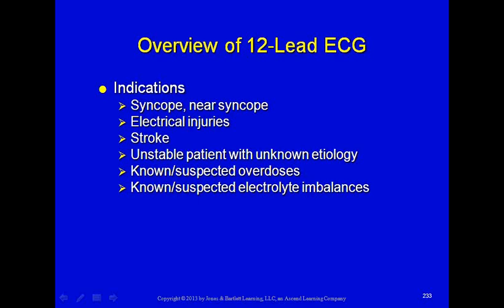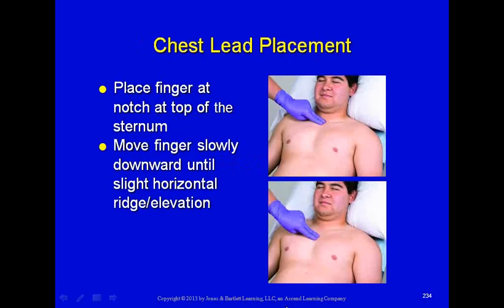Known or suspected overdoses, particularly tricyclic antidepressants. When a person overdoses on tricyclic antidepressants, you're going to see a lot of ventricular ectopy like PVCs. And then known or suspected electrolyte imbalances. As you'll see, potassium changes what you see on the ECG, as well as calcium and sodium and those sorts of things.